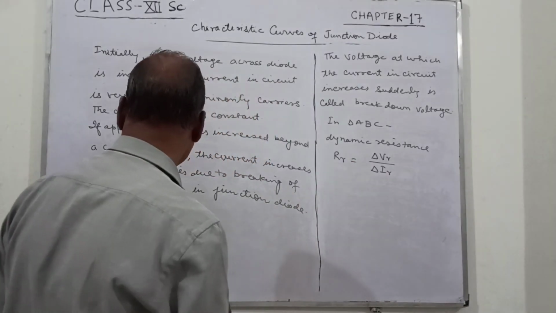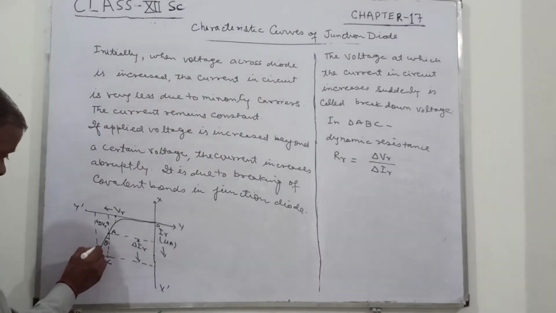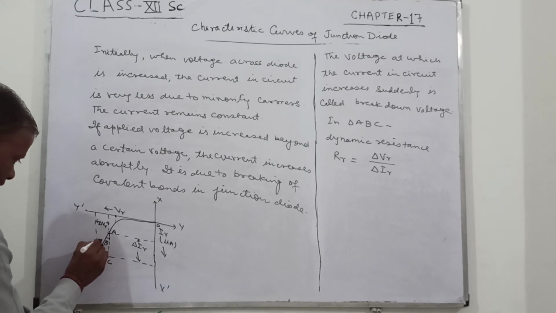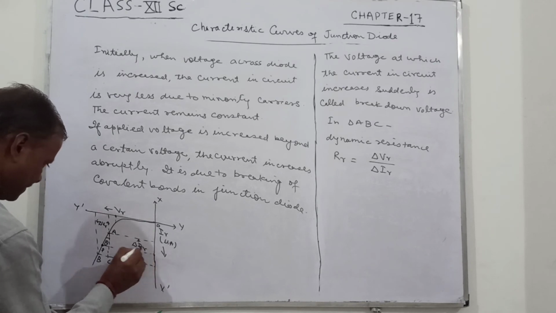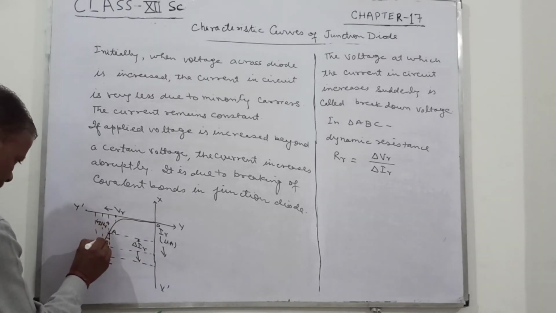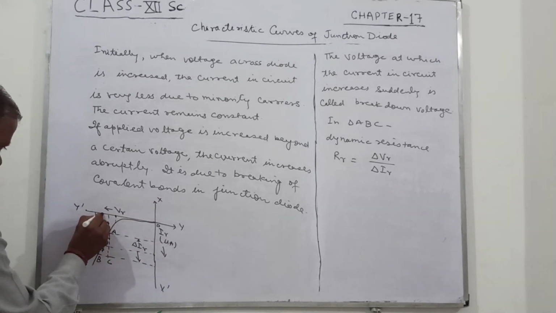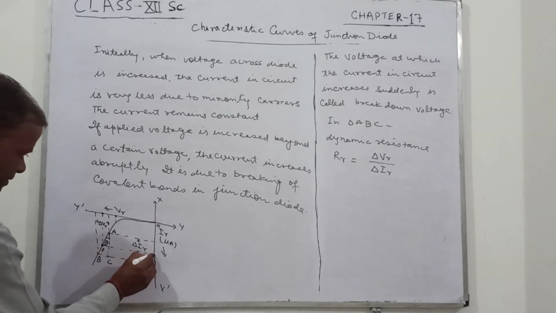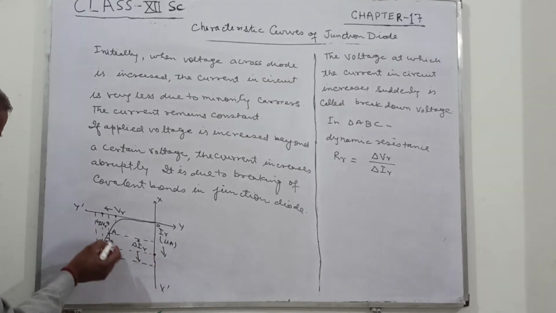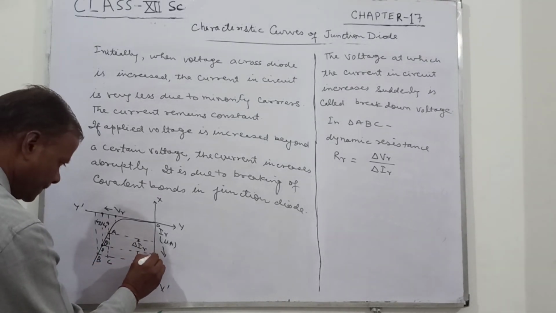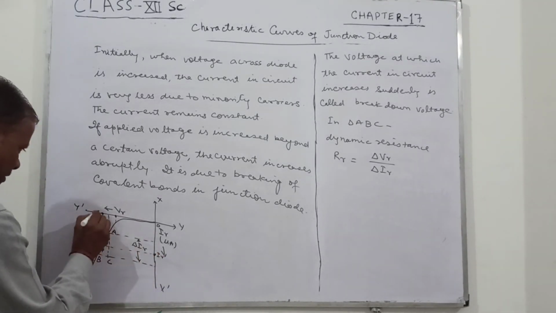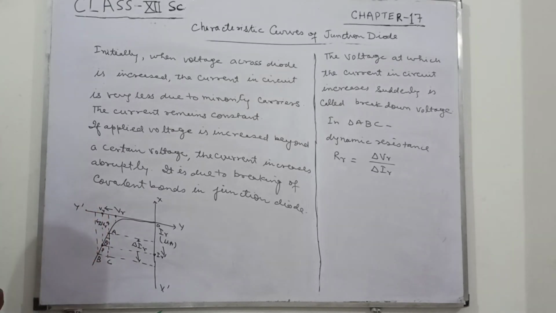And for static resistance, you can find by taking any point here, suppose this is now point P, and we find the voltage here, and then you find the corresponding current. Now at this point, this is suppose your IR and this is your VR.